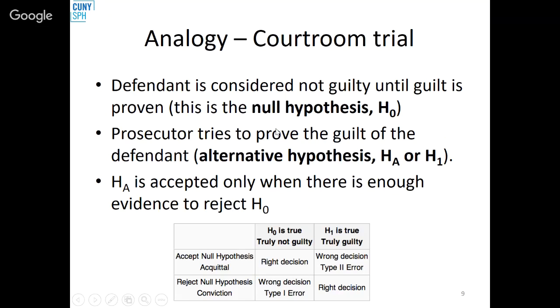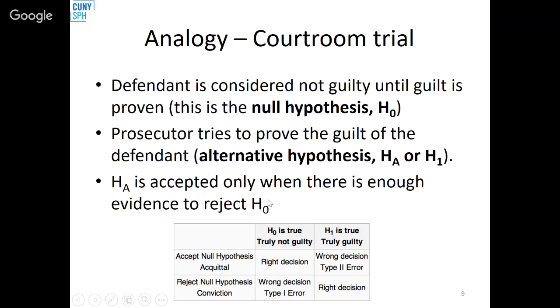Then the prosecutor tries to prove the guilt, and if they manage to make it seem so improbable that the null hypothesis is true, then they succeed in convincing the jury of an alternative hypothesis we call HA or H1. And that alternative hypothesis is accepted only when there is enough evidence to reject the null hypothesis.